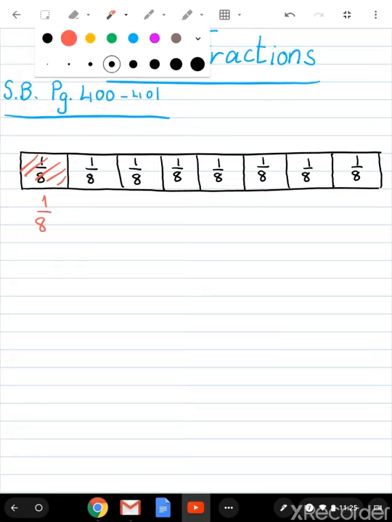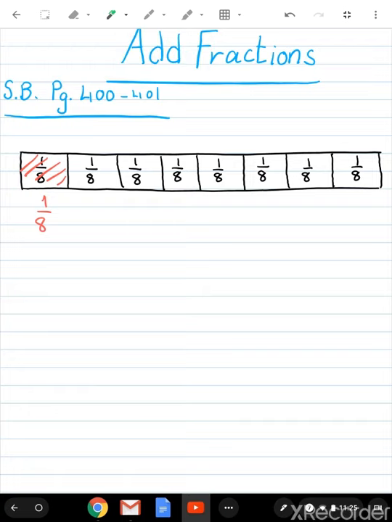Then after this I will shade or add another 3 parts. So the first one is 1 out of 8. The second part we have here is 3 out of 8.